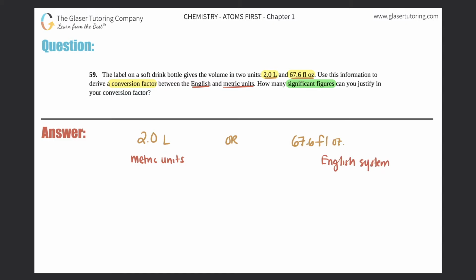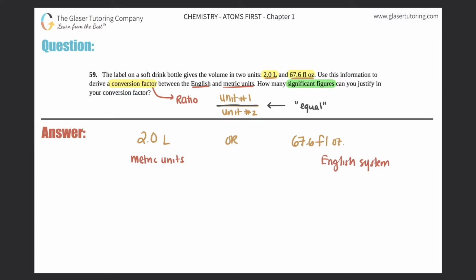But we do have to make a conversion factor. And when we make a conversion factor, that means that we just have to have a ratio. And remember, a ratio is going to be your first unit, unit number 1, over unit number 2. We can say that this is a ratio because this division symbol means it's equal to.